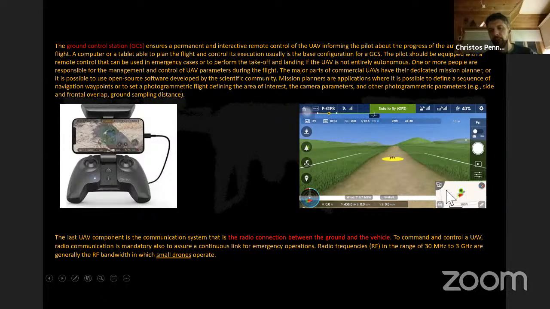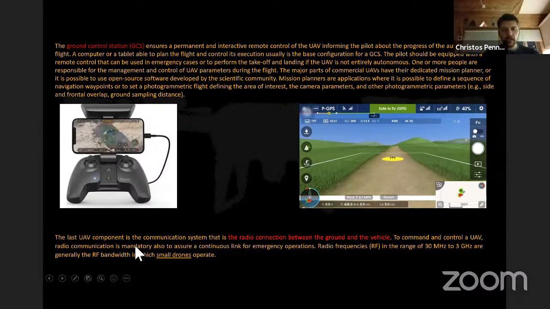And this is the map of where the drone is and where the pilot is. So we can use this also to orient ourselves when we are flying the drone. And these are some controls for the camera if someone wants to take pictures or video or whatever.